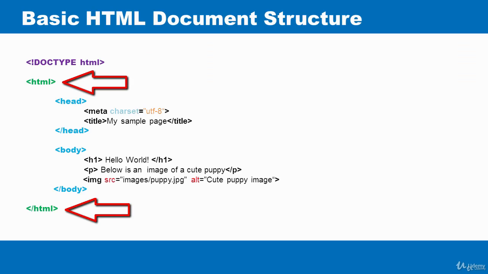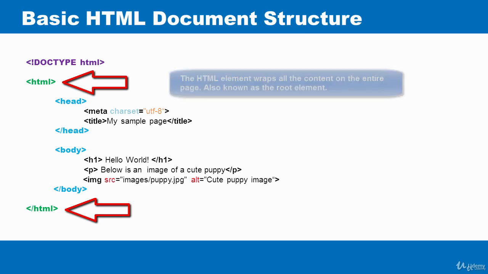The closing element is identified with the / before the tag is closed. The HTML element wraps all the content on the entire page, and it is sometimes known as the root element.